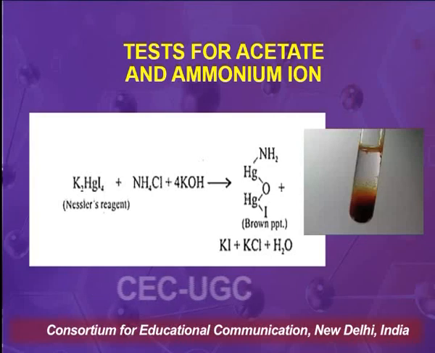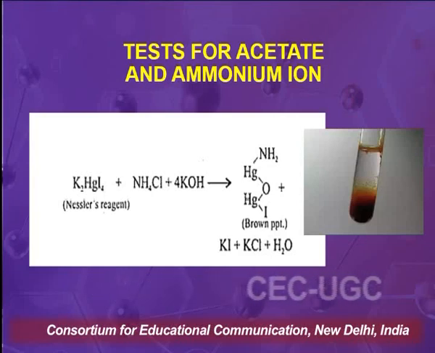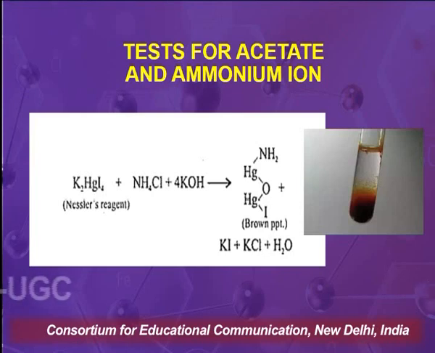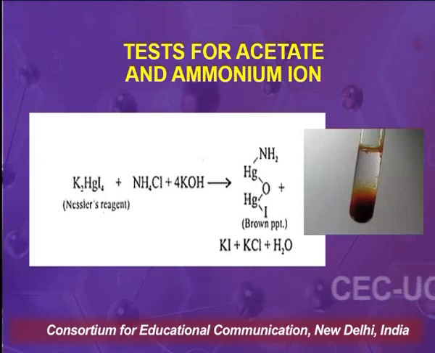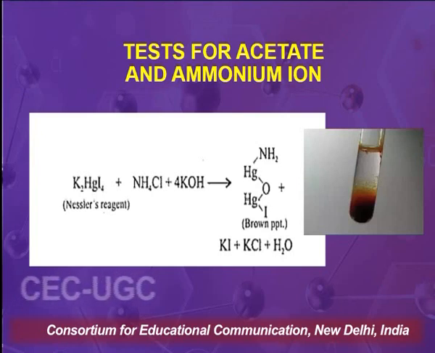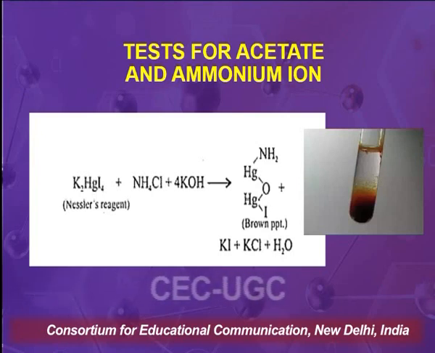The Nessler's reagent K2HgI4, on reacting with ammonium ions, produces brown precipitates with the following composition. As you can see in the adjoining picture, this is the color of the reddish brown precipitate, which confirms the presence of ammonium ions in the mixture.